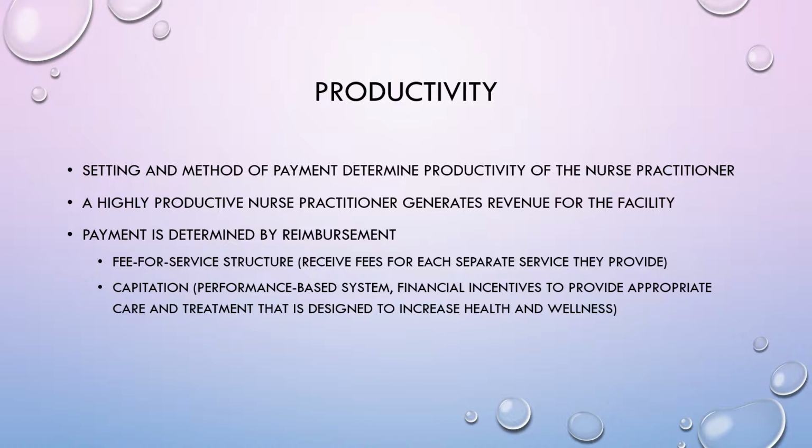This system provides financial incentives to providers who perform appropriate care and treatment to patients. This care is aimed at improving the health and wellness of the population, and providers receive payment or incentive for health promotion activities.